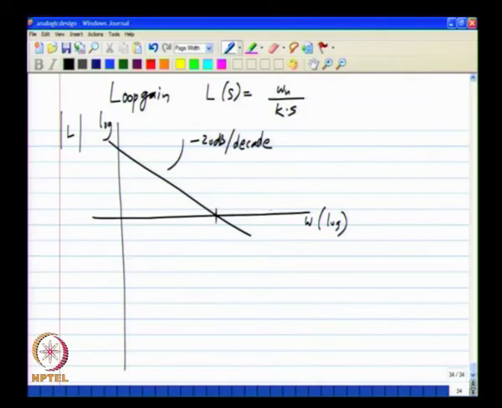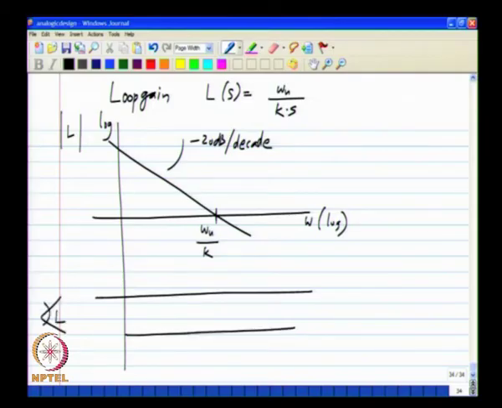The frequency at which the magnitude of L becomes unity is given by omega u divided by K. Okay. And we can also plot the angle of L. This is not very interesting, it is equal to minus pi by 2 for all frequencies.